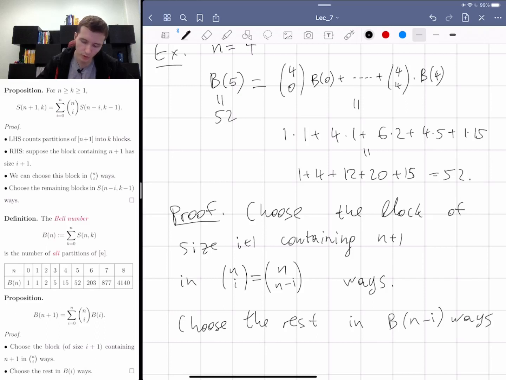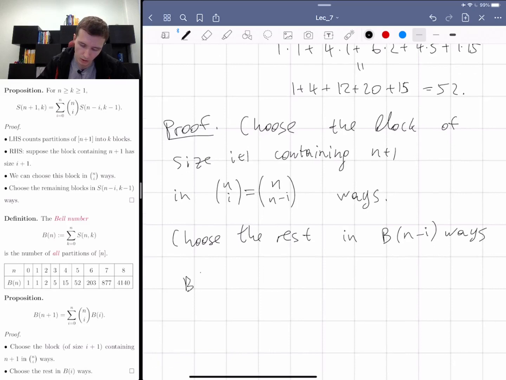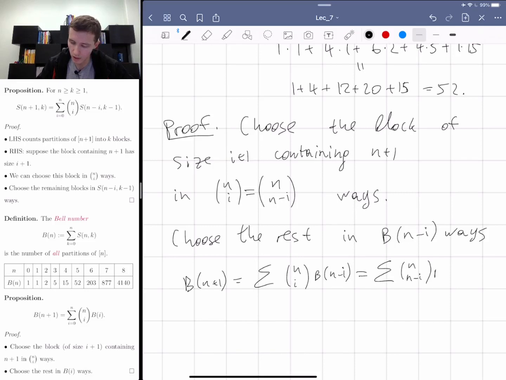So the actual formula you get is b of n plus 1 is equal to the sum of n choose I times b of n minus I. But that's the same as n choose n minus I, b of n minus I, which if you now replace n minus I by some new variable, then you get this formula here. So that's the proof.